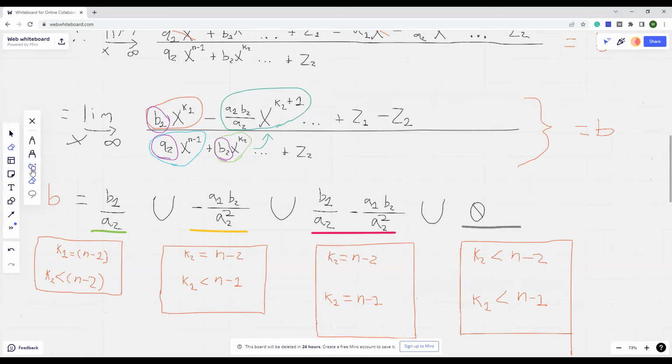Next, we're going to get to this yellow one. For this yellow one that comes next, this is what you're going to get if k sub 2 equals n minus 2. Because if k sub 2 equals n minus 2, then k sub 2 plus 1 equals n minus 1. Therefore, it can dictate the behavior of the function as x approaches infinity.